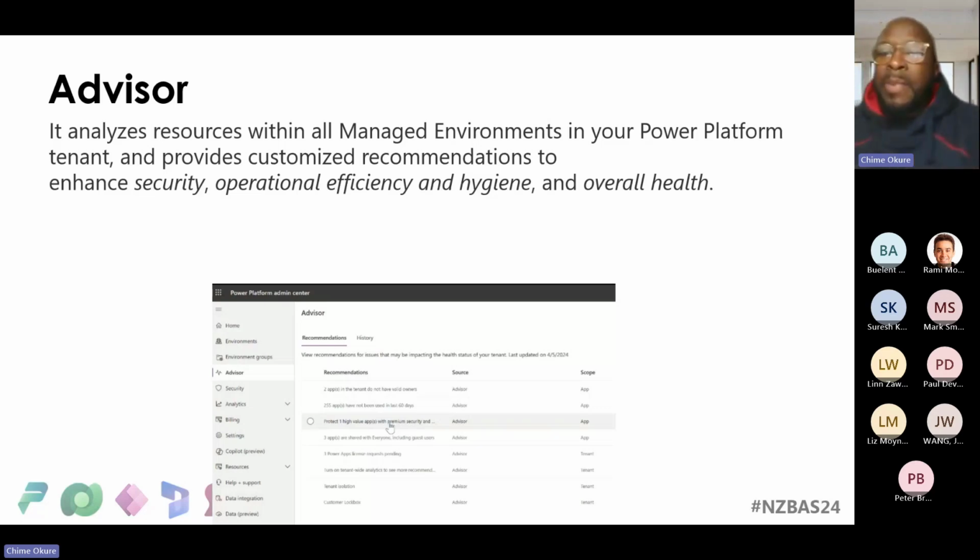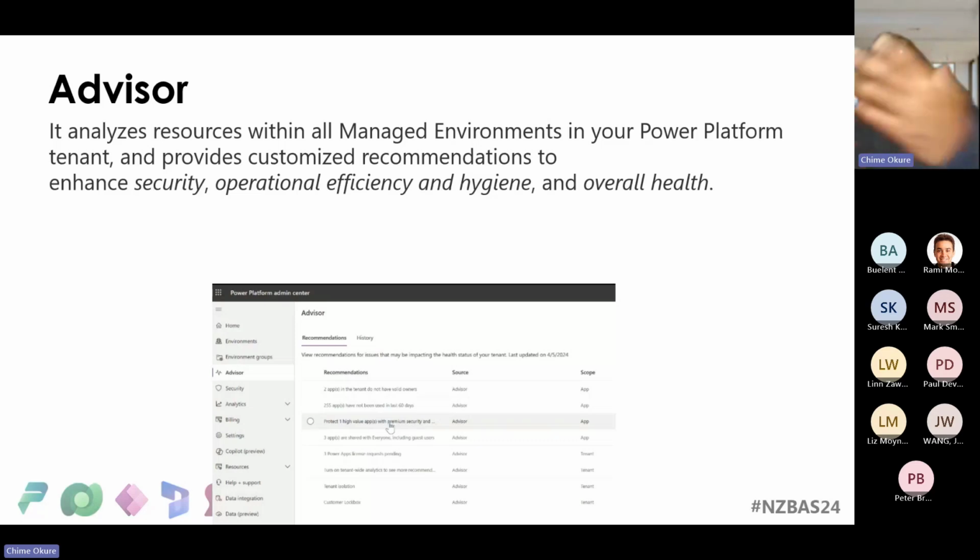To mitigate any serious business impact, the advisor feature gives you a more comprehensive solution. Admins can go in and start managing or securing, making sure that the data and applications are safeguarded. Another cool feature of this advisor is that if there's any application that has not been used in the last 60 days, it will pull it up.